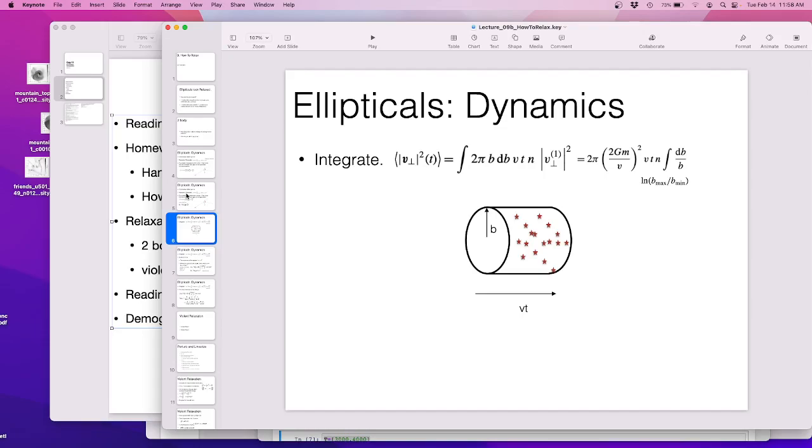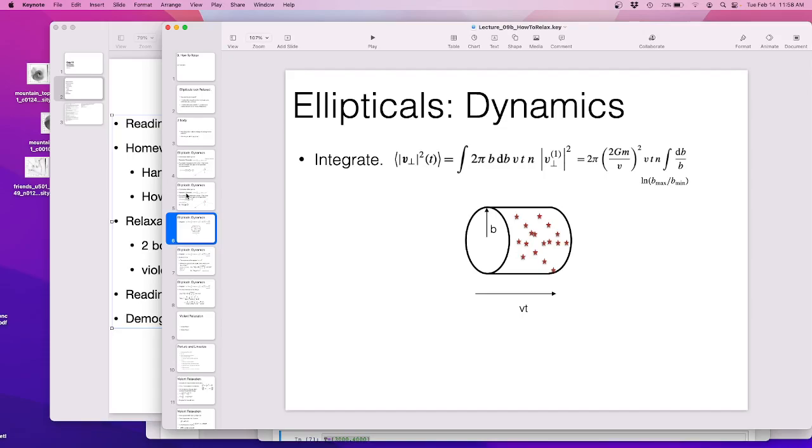We're left with 2 pi, 2GM over v squared, and then an integral, and then a v delta t, and the density of particles. I need to put in the density of particles, that's how many I'm going to run into in that unit volume. Integral from 0 to b of db over b.